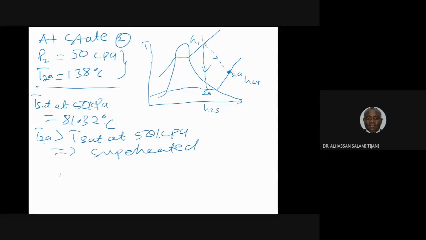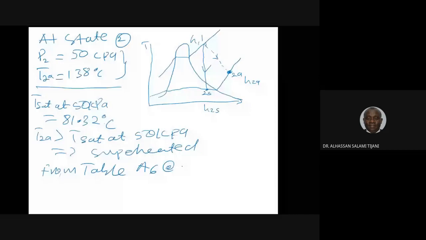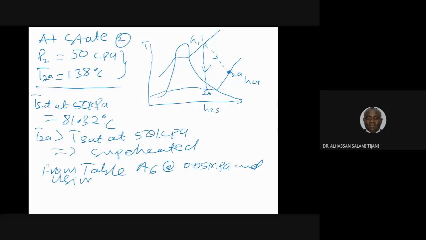Okay, it seems we need to do interpolation. So from table A6, at 0.05 megapascal, and using interpolation, we will have a situation like this: T and H. 100, 138, 150.